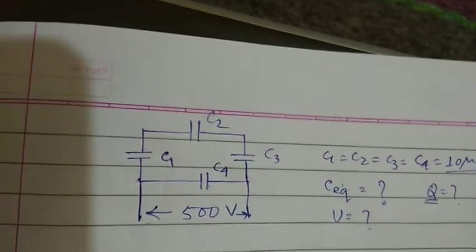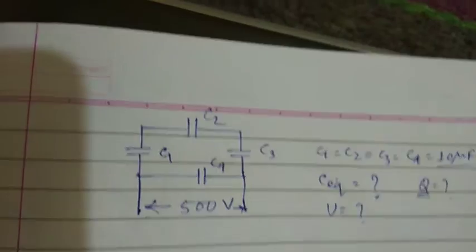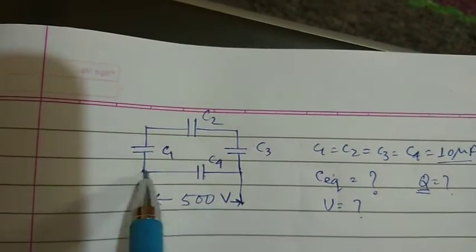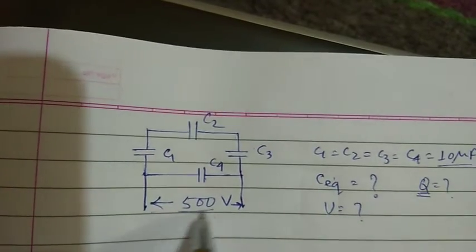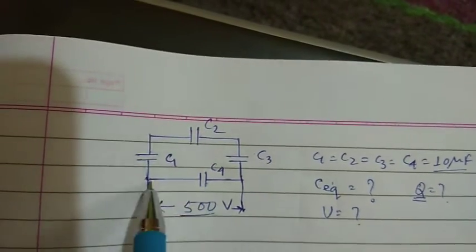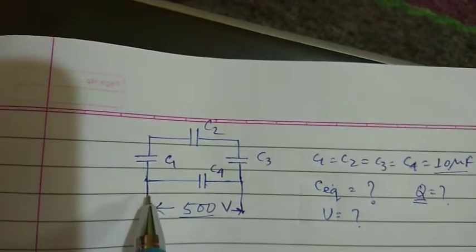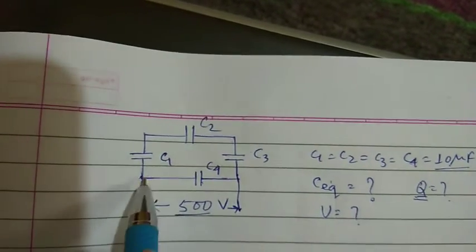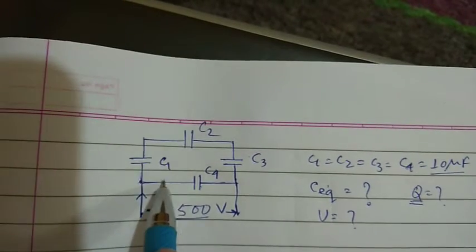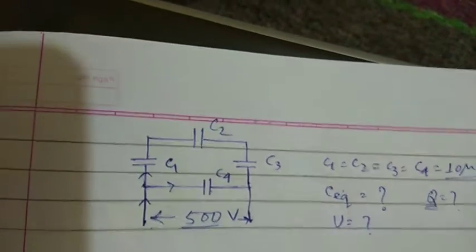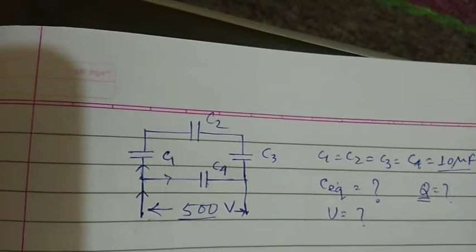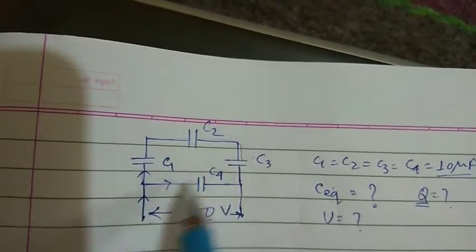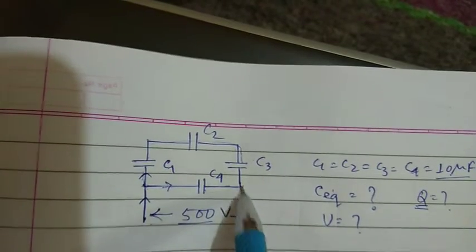Now for this, just simply assume that these are wires, and suppose this is 500 volt. If these are only wires, then current would come in this direction, and from this point the current would divide like this. This current would go like this, and they would join here and come like this.